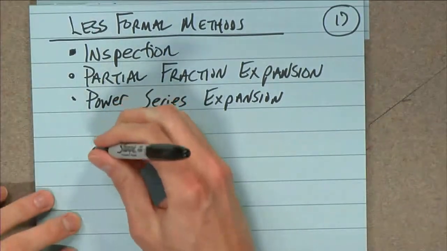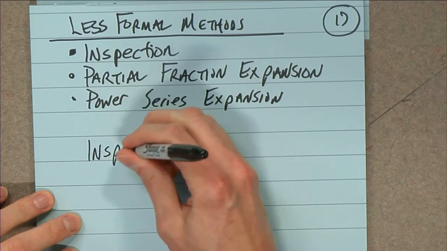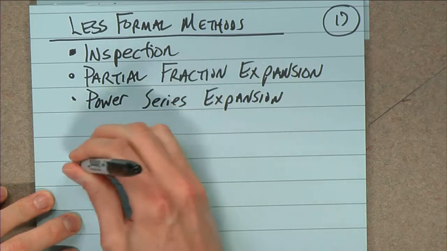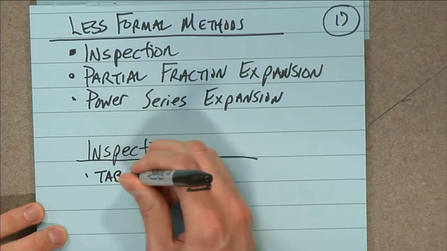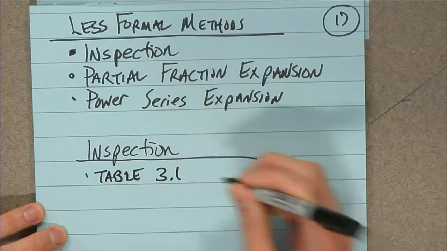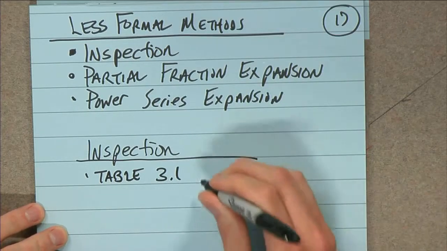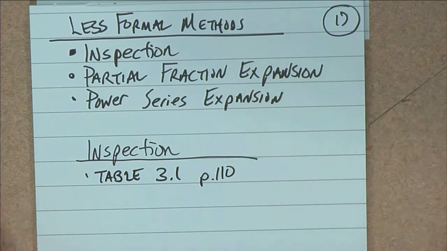So first of all, inspection. And that is, can't get any easier, table 3.1. All you have to do is break up X of z into pieces and inverse transform them.